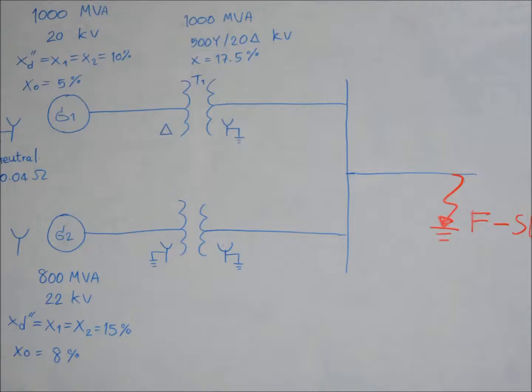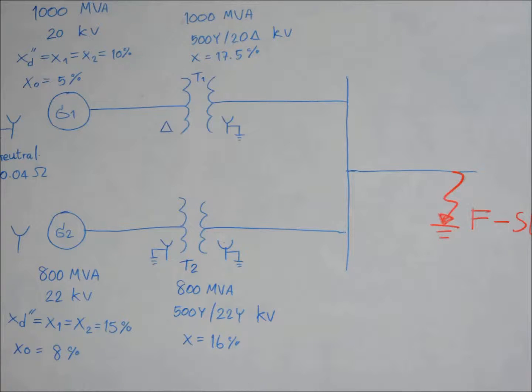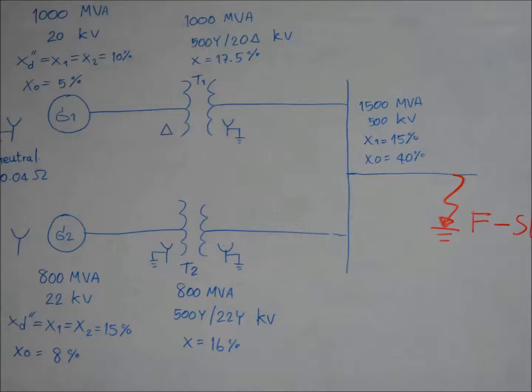The line impedance, positive sequence, is 15% and zero sequence is 40% on a base of 1500 MVA and 500 kV.